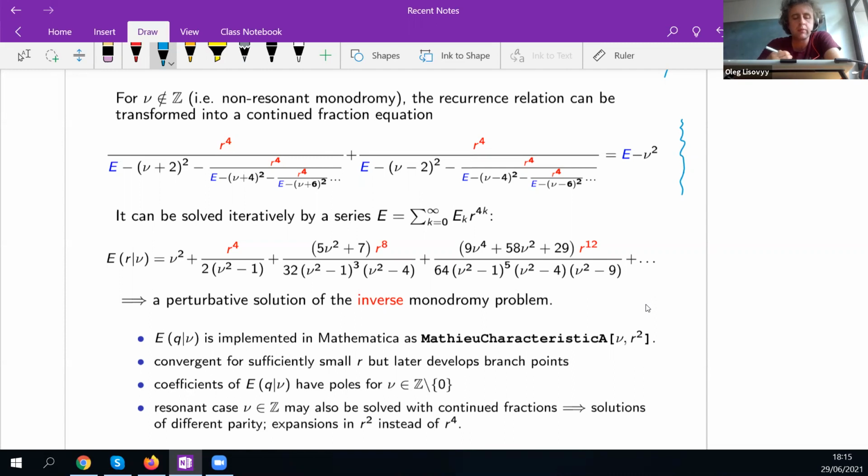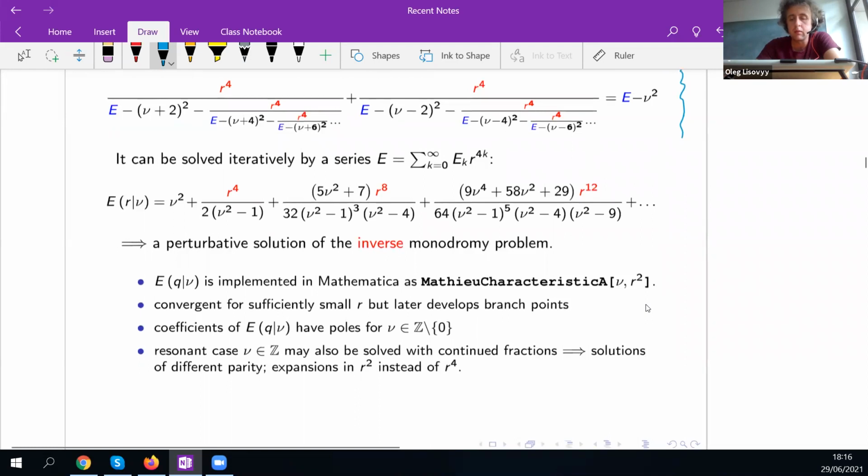This can be easily implemented in Mathematica, and computing this series order by order, we get this expansion, which you can also find in many classical textbooks on special functions. Actually, all that I'm explaining now is very old, very classical. Basically, it is 19th century mathematics.